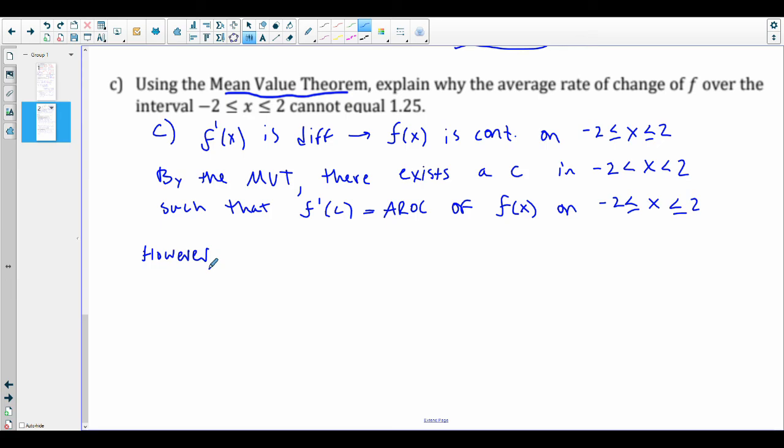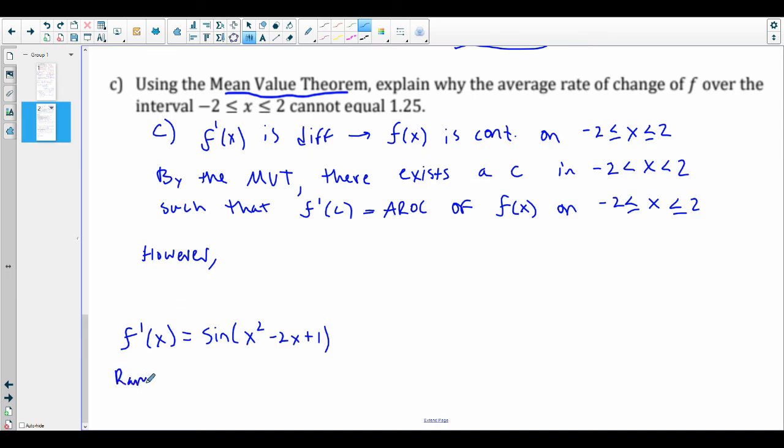However, this is where it gets a little funky. Think about the fact that the derivative is a trig function: sine of x squared minus 2x plus 1. What's the range of a sine function?